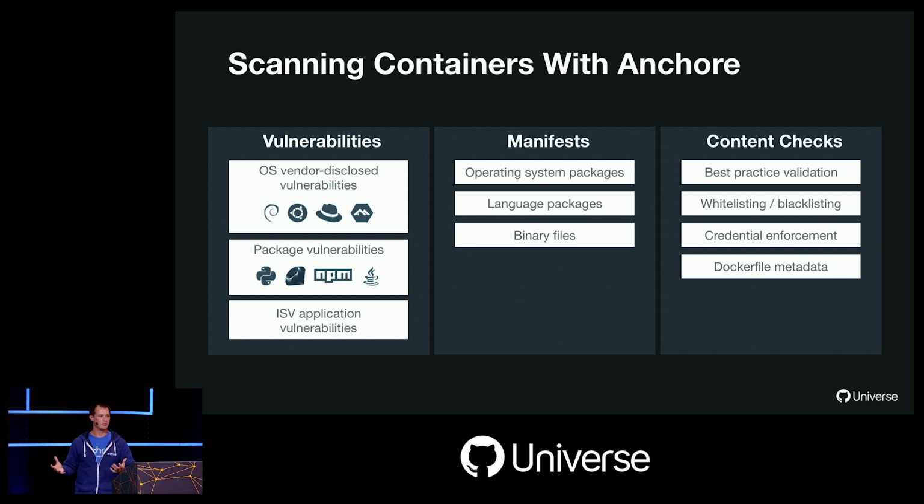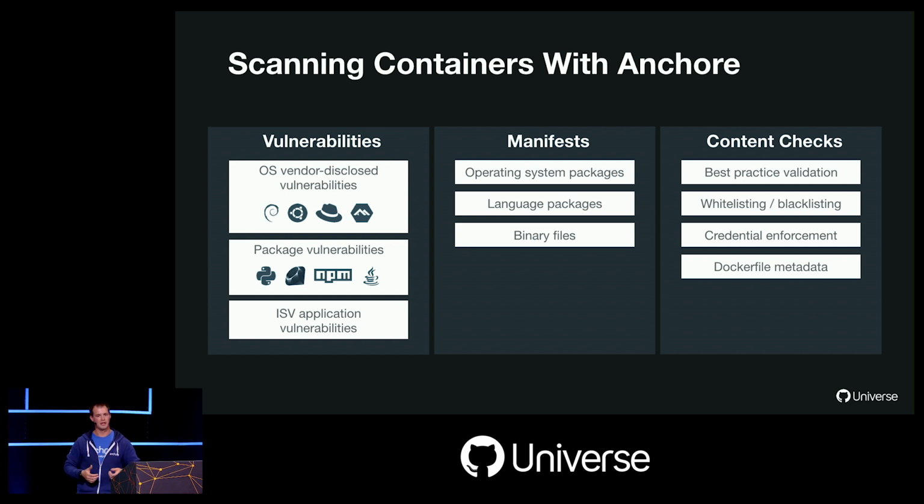So it can do a full suite of vulnerability matching. And it can do that because it deeply understands all the content that's in the container, and that includes enumerating all the OS packages and language packages, but also extending down into the guts of the file system where we do a full scan of all the files, checksum every file in the container, and so we can understand change control over time and between images.